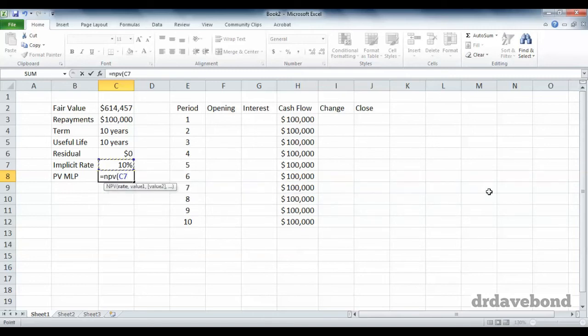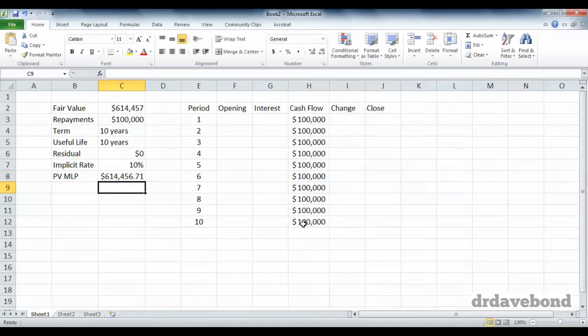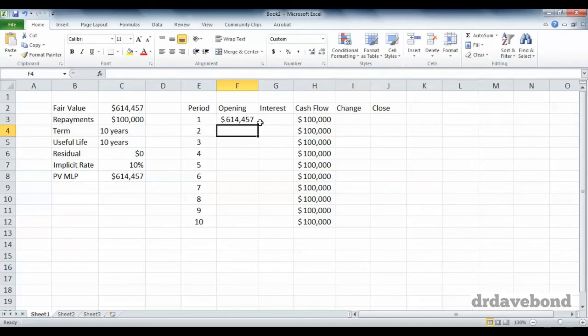We use 10%, so we go up to cell C7, and the cash flows, and that gives us $614,457, which is the same as what we had as a fair value. So we can use either of them. And you use fair value.